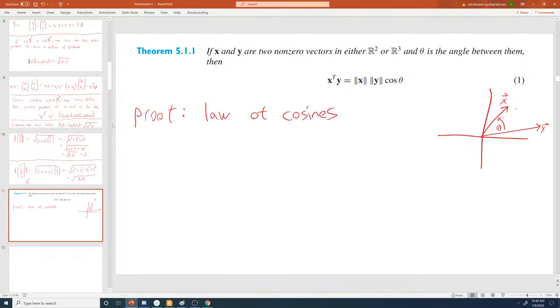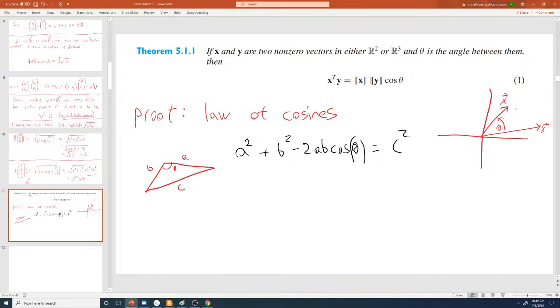If you have a triangle, and say here we have sides A, B, and C, and we have a theta here, then we have to have that A squared plus B squared minus 2AB times cosine theta is equal to C squared.